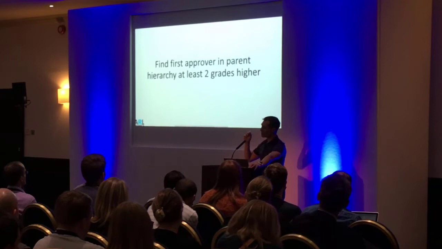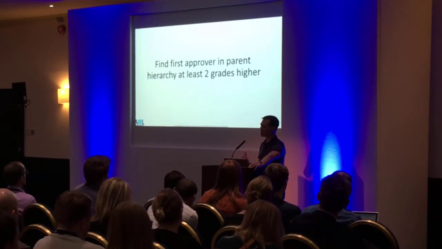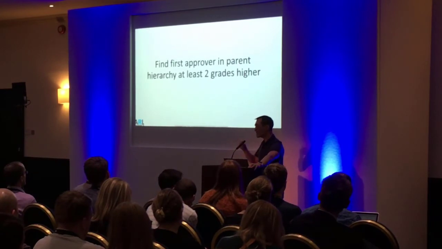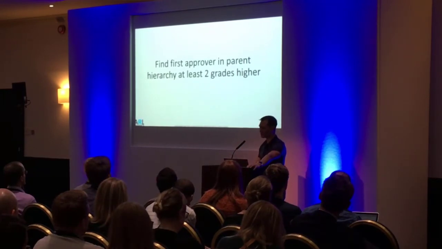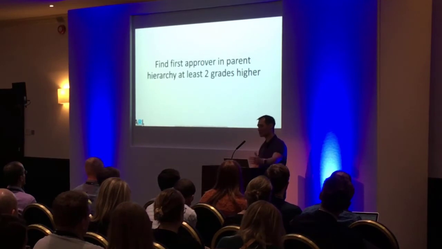What our clients said was that the person's manager may not be senior enough to make that approval. So what we want to do is find the approver 2 levels higher than that employee. And so this, again, was a very nice graph question, because you could just traverse up the tree to figure that out.